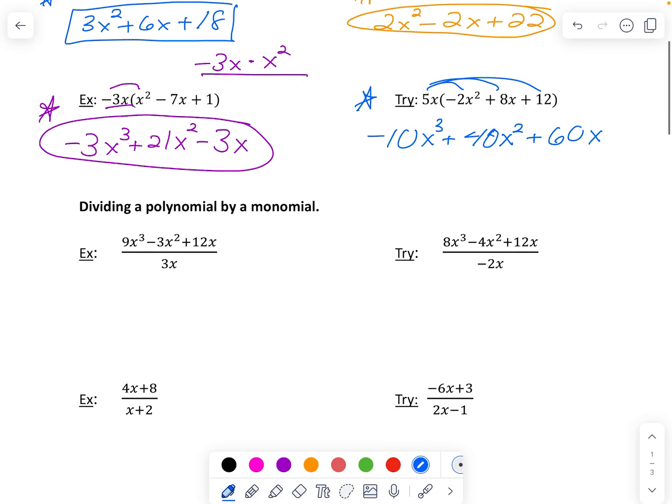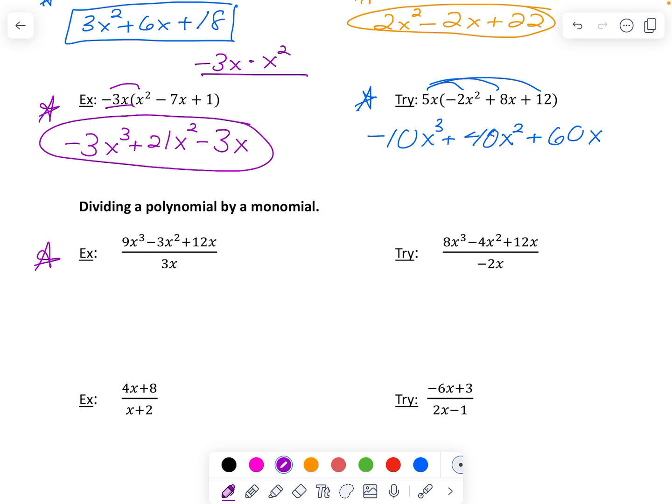Now when we divide, notice here that the whole numerator is being divided by 3x, which means we need to divide each term by 3x.